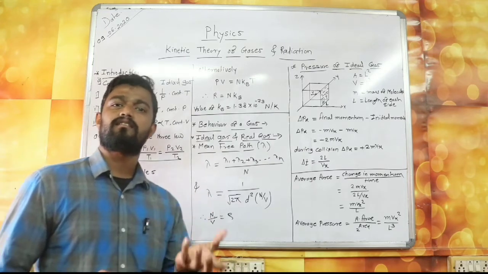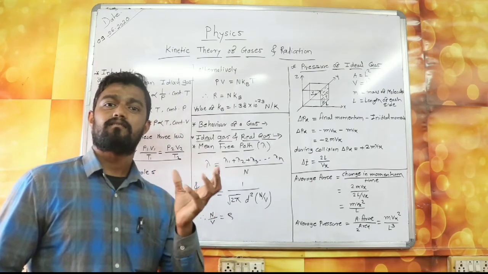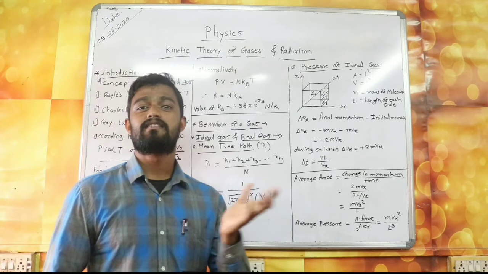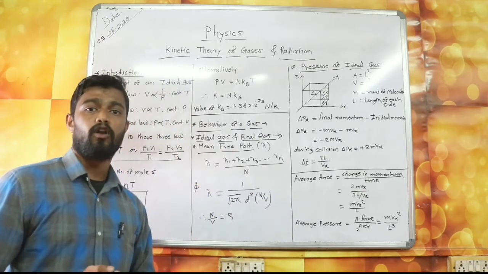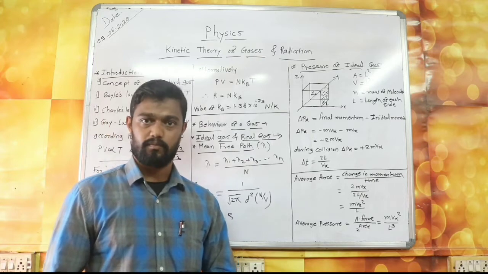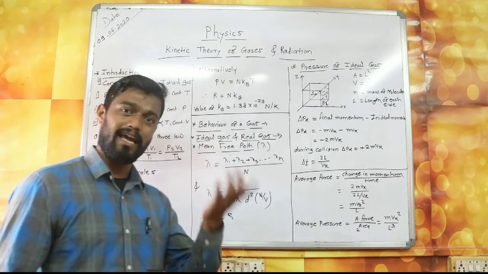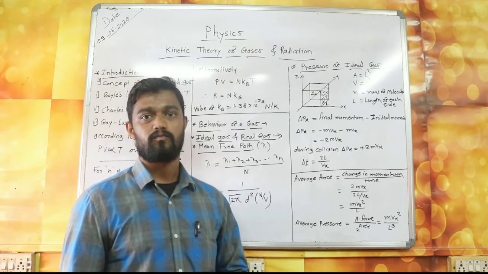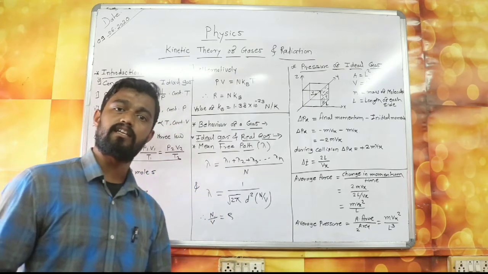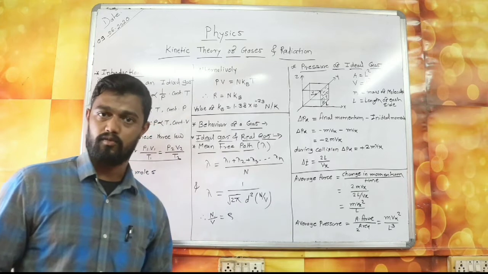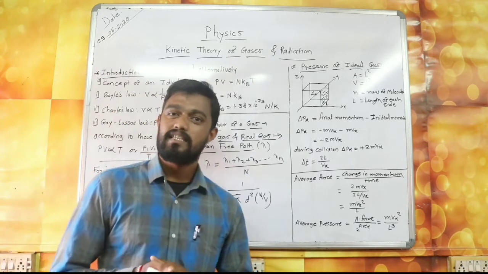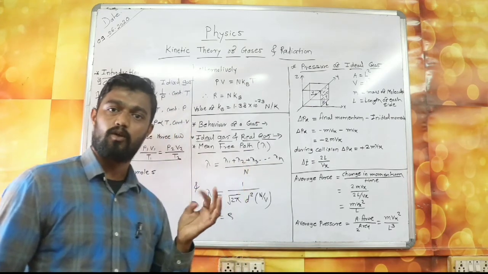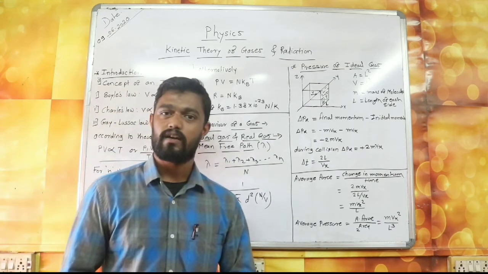When the gas is enclosed in a container, gas molecules are present in it. The number of molecules present in a gas is nearly 10 raised to 23 molecules per meter cube, a large number of molecules. These characteristics, pressure, volume and temperature, are called macroscopic parameters. This is called the behavior of a gas.